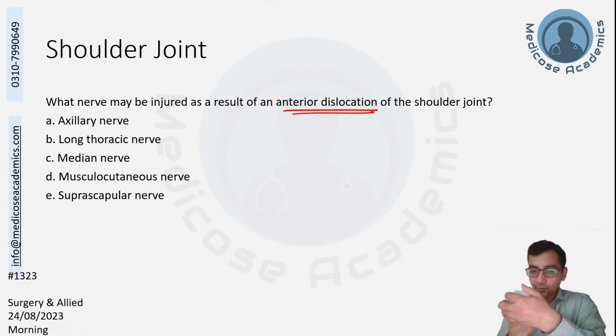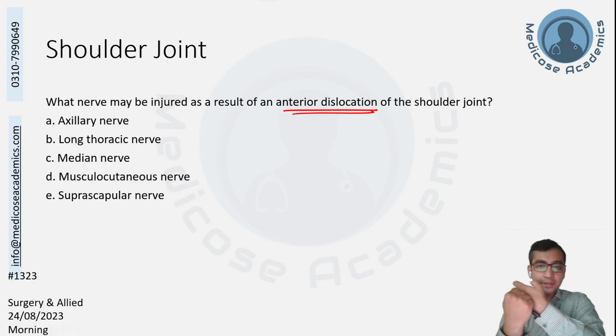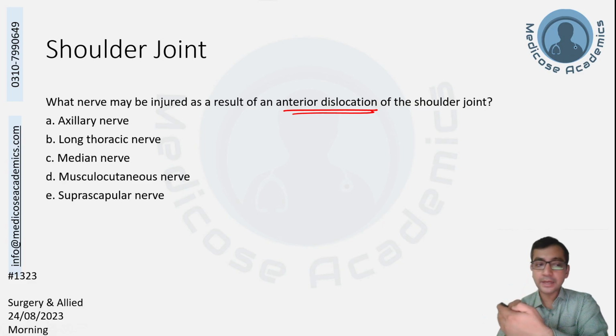So it can move downwards, but at the same time the biceps, the triceps, the deltoid immediately try to pull it back up, but it does not usually go back inside, rather it comes in front of the capsule. That is the anterior dislocation. The point I'm trying to make is it has to go down before it comes up to be anteriorly dislocated. So the injury occurs when the shoulder is coming down.